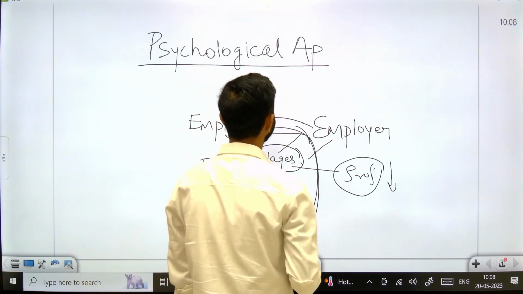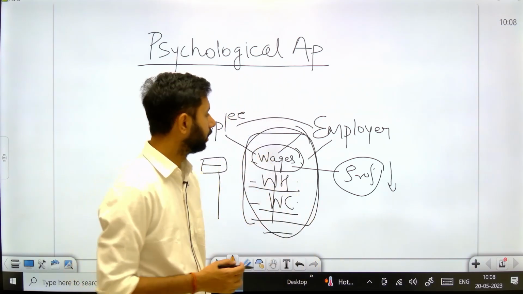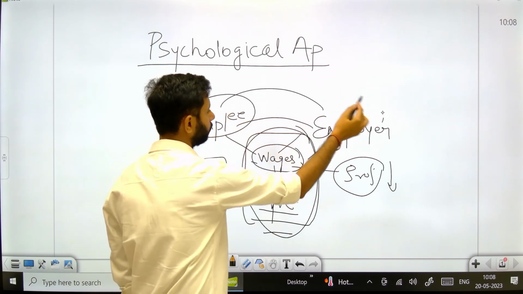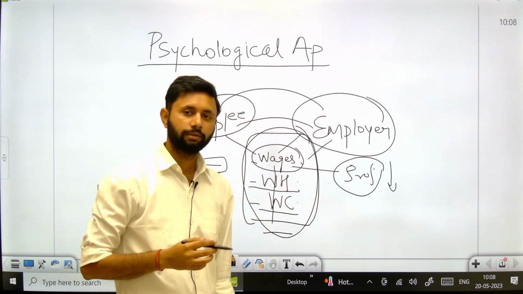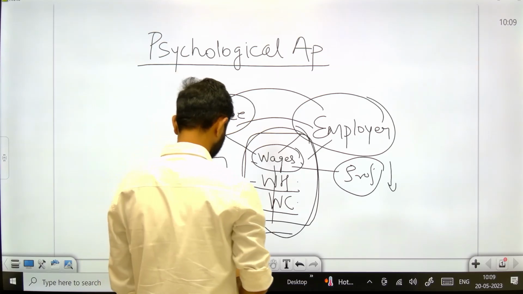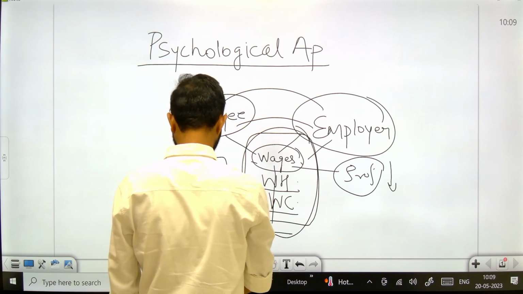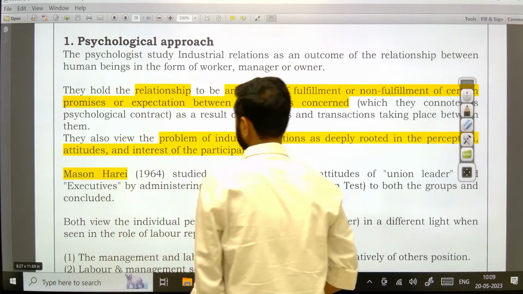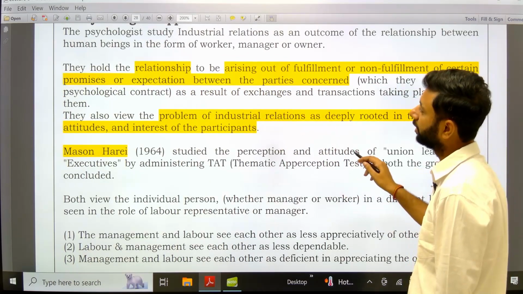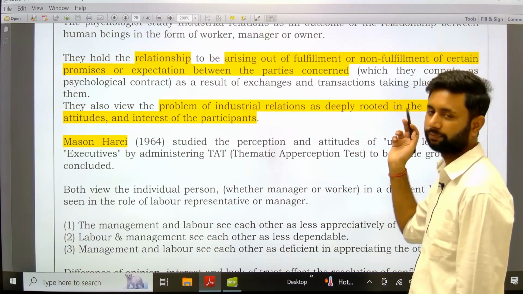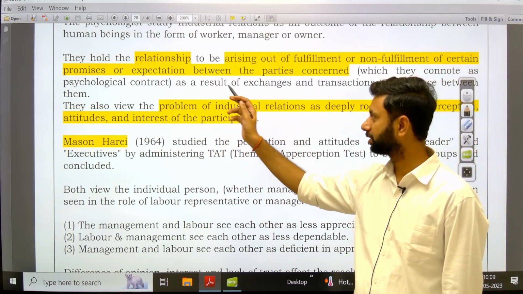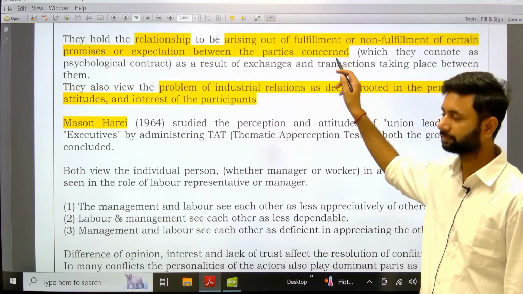That is what the psychological approach says: the expectations of employee and employer determine the relationship between them. It means the relationship arising out of fulfillment or non-fulfillment of the promises or expectations between the parties concerned.